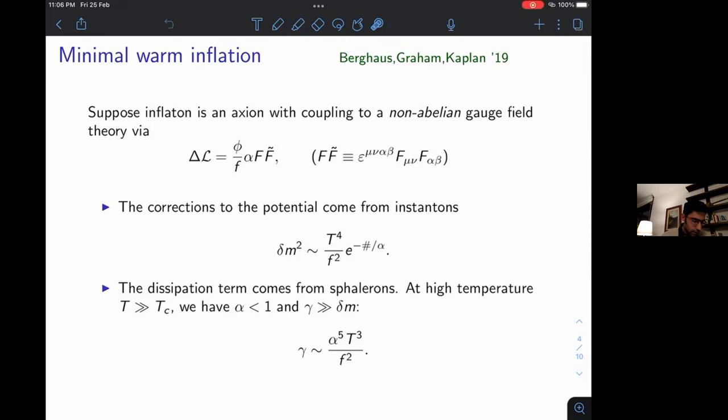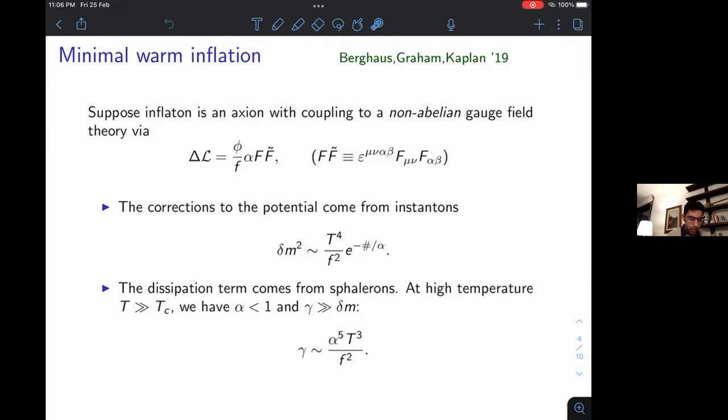This is the model which was called minimal warm inflation by these authors. It's based on a very simple underlying model that we are very familiar with.